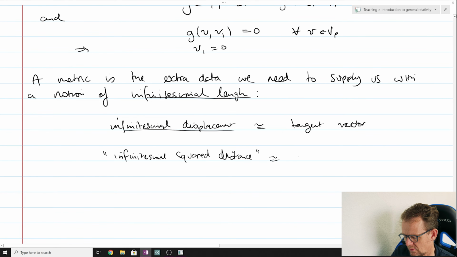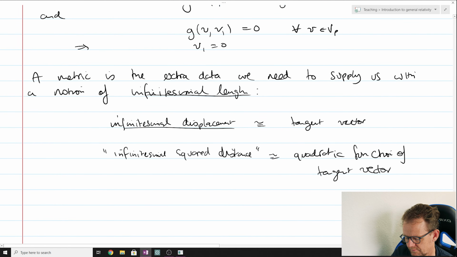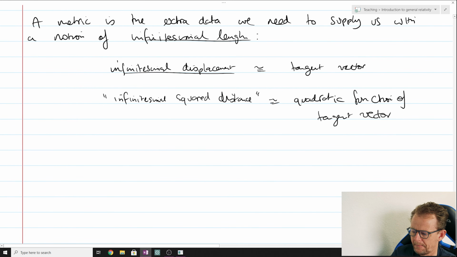And how do we get this quadratic function from this tensor, this metric tensor? Well, okay, I'll show you how.